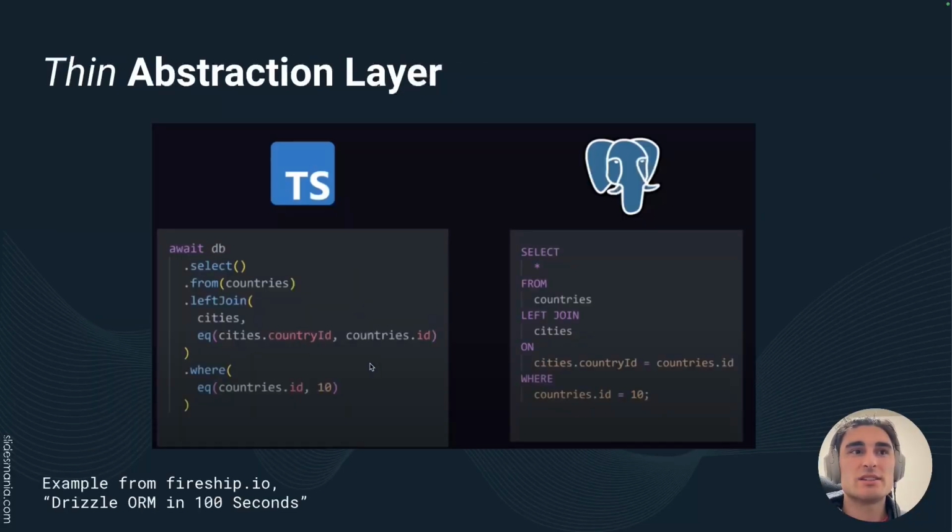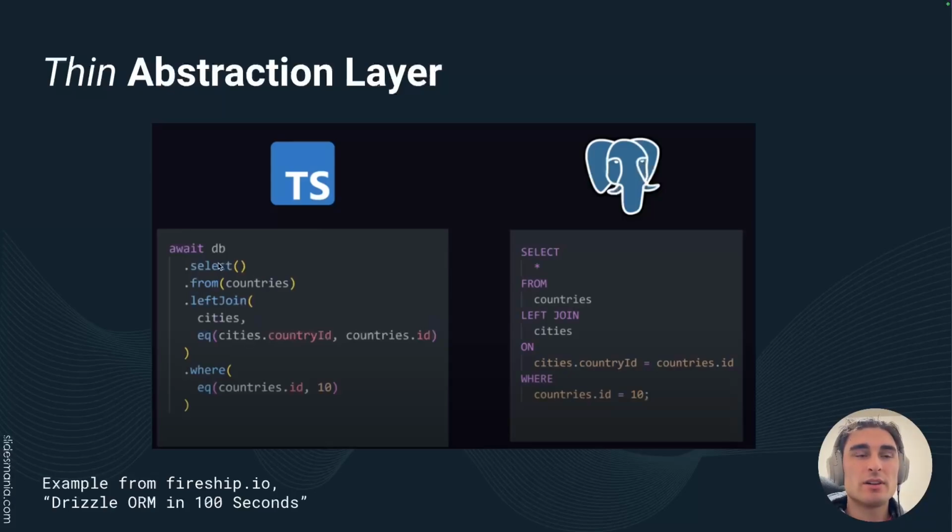Another important reason to use Drizzle specifically over other ORMs is the fact that it actually mirrors the syntax of SQL very, very closely. For instance, this is an example of selecting from a hypothetical countries table on our database.